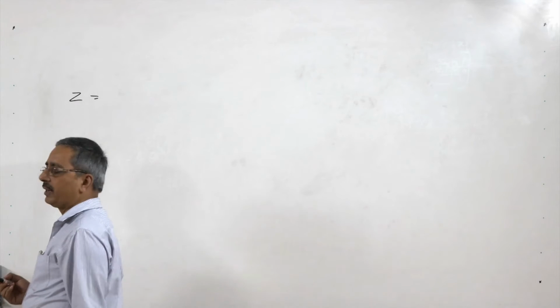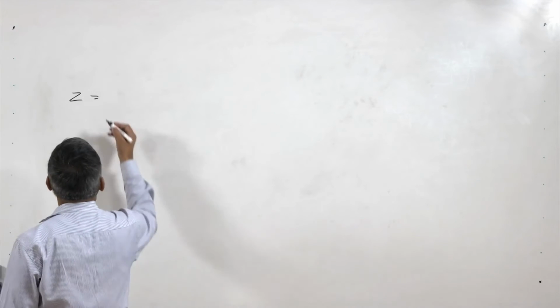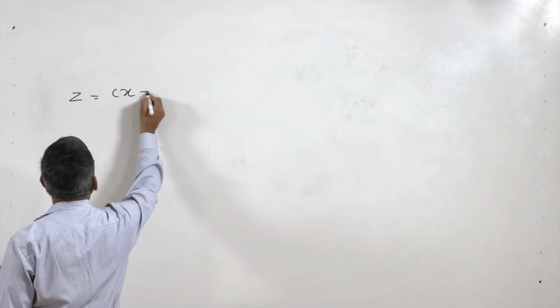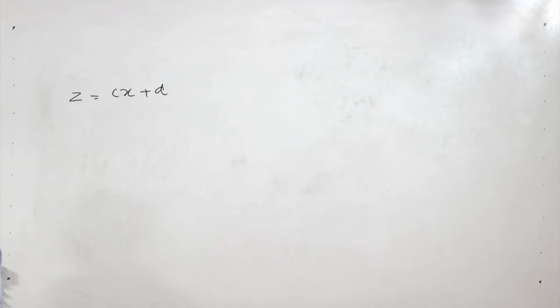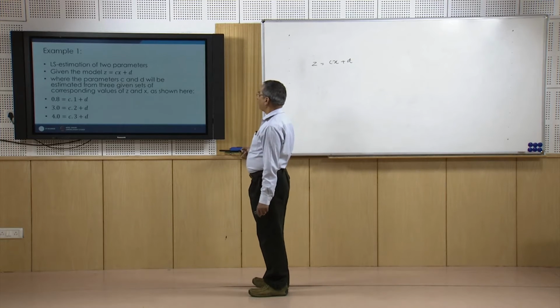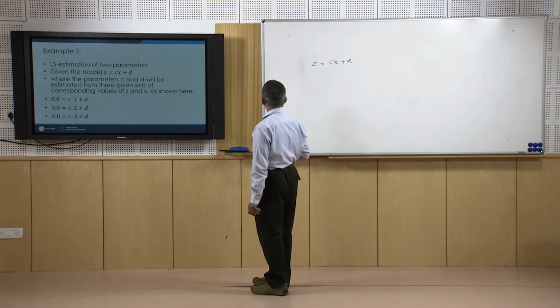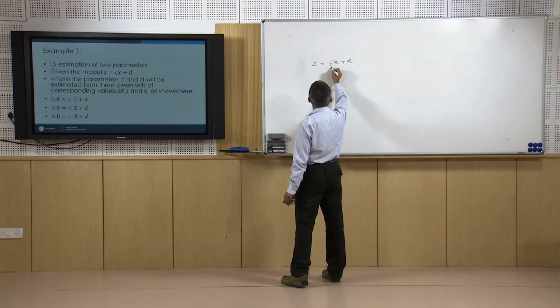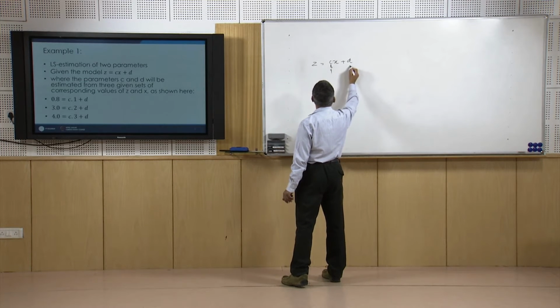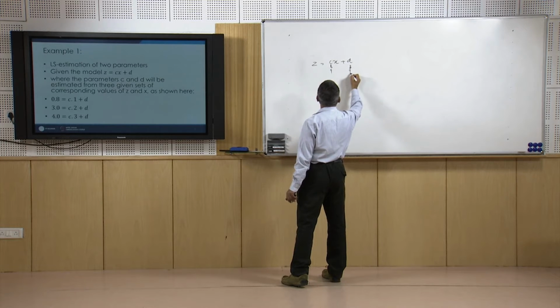First example, we are taking a very simple example, say z is equal to cx plus d. Suppose this model is given where the parameters c and d will be estimated. We are interested in estimating the parameters c and d.